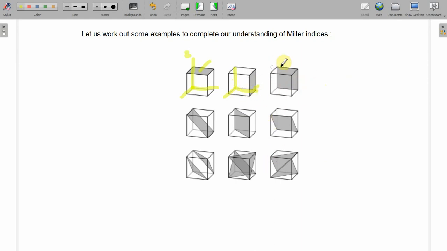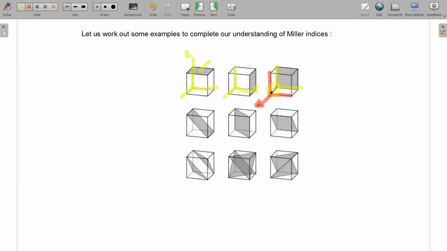The third one is interesting. The origin is here, the plane is actually on the origin, and this is x, this is z, and this is y. Now we have to shift to see where it is actually intercepting any of the three axes. If you shift the origin to this point, let us say, then this is the y direction, this is the z, and the x is now this way.